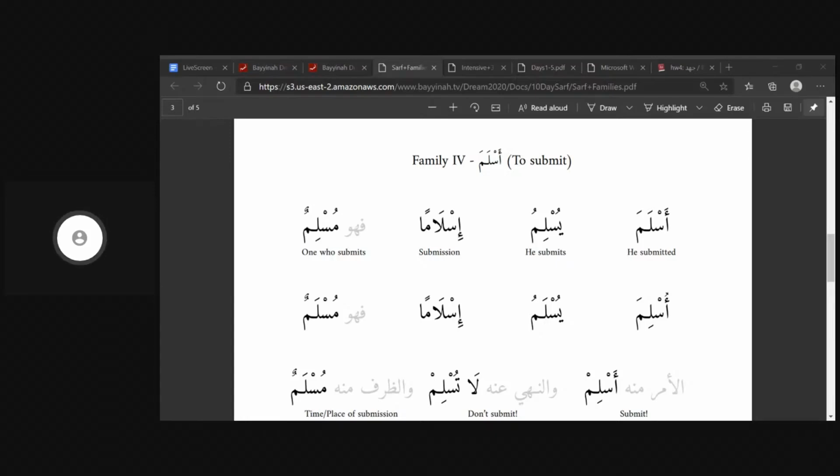Does the dharf follow the Muslim chart? It will follow as much as it can, but because it's a non-human word, we can't change the gender. So that's something that you're gonna have to get used to. For human words, we can make them masculine and feminine. So I can take Muslim and I can make it feminine. Muslimun, Musliman, Muslimin. I can also say Muslimatun, Muslimatan, Muslimatin.